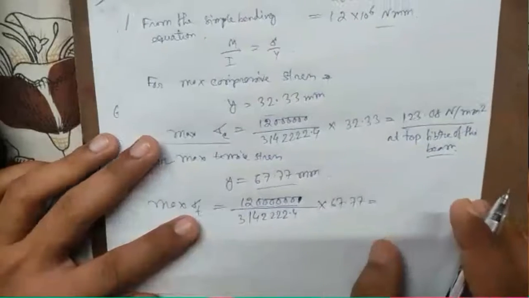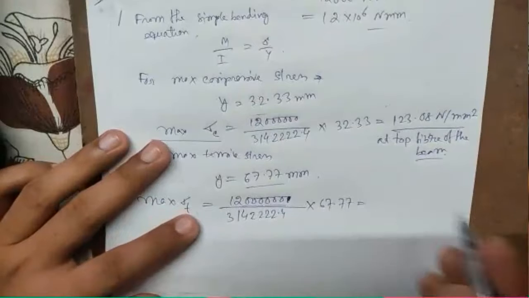Now putting the values and calculating, we can get 258.81 Newton per millimeter square stress. So this is the maximum tensile stress, and that will be at the bottom.